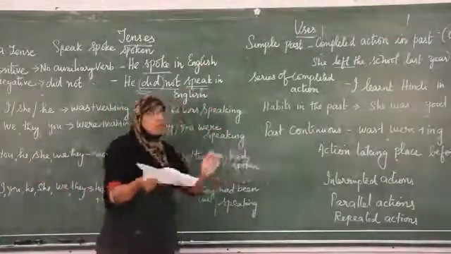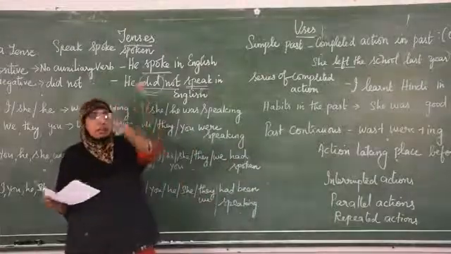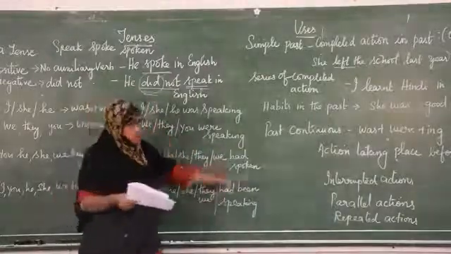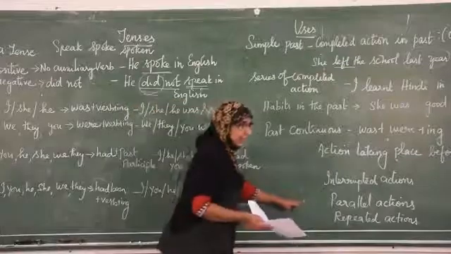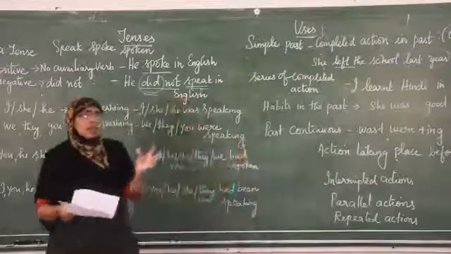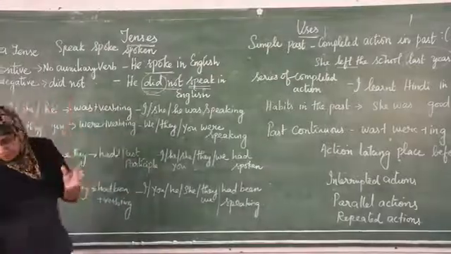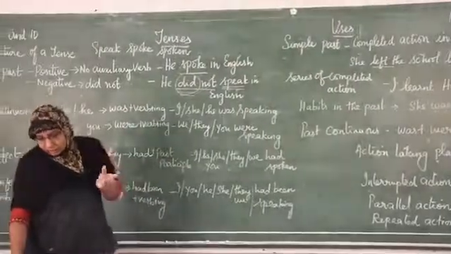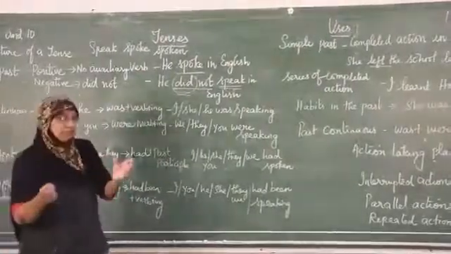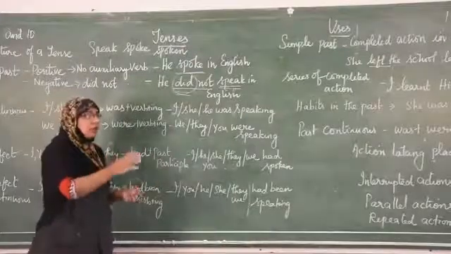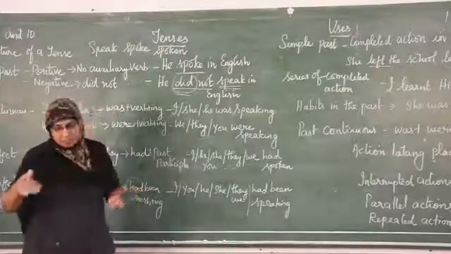Parallel actions means the two actions continuing in the past at the same time. Repeated action. For example, my last roommate was always leaving dirty dishes in the sink. So that means always repeating actions in the past.